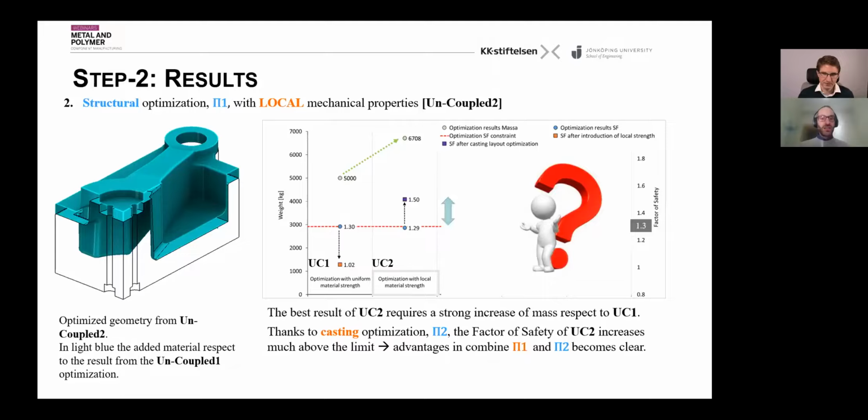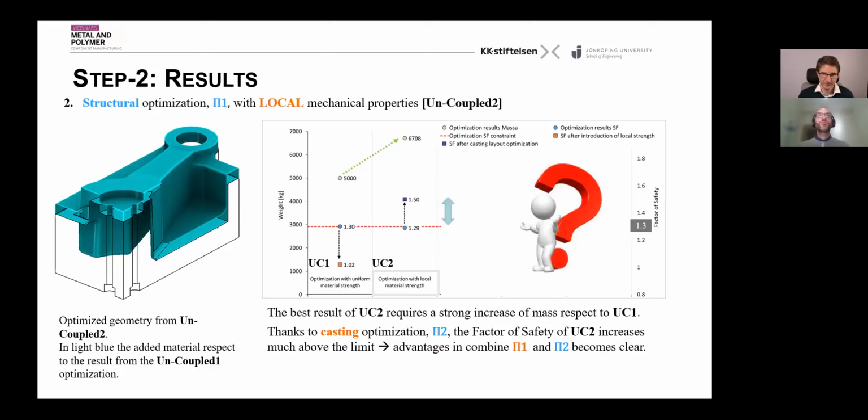So the big difference between the first step and the second step is that in the first step, when we put in local strength properties, it was just at the end of the optimization, just to verify that everything was okay. Now in step 2, we introduce the local properties at the beginning of the optimization.